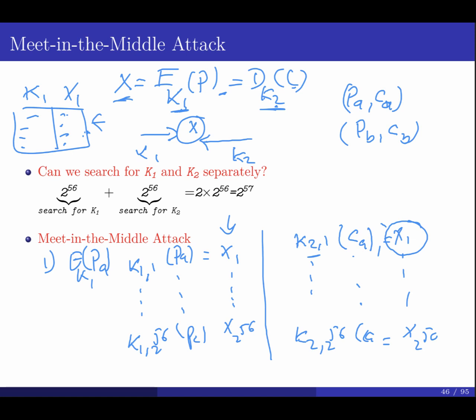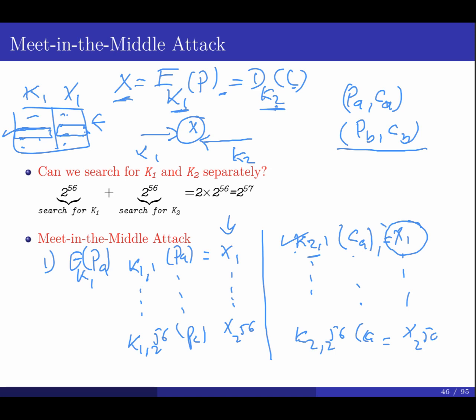If I find the match, you're going to say, okay, I found the match here of the X1. What the key 1 value was at the time, I will mark the key 1 value, and I know, for example, the K2 value. I need to check. So it looks like those are the keys. How can I check them? I do have another pair, right? For the PB and CB, yes?